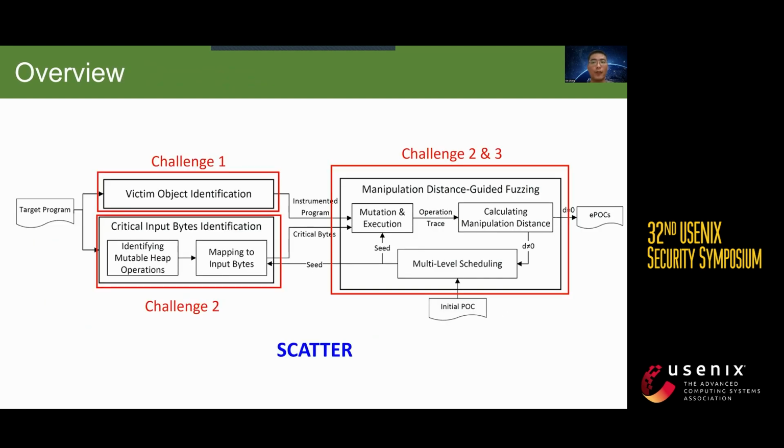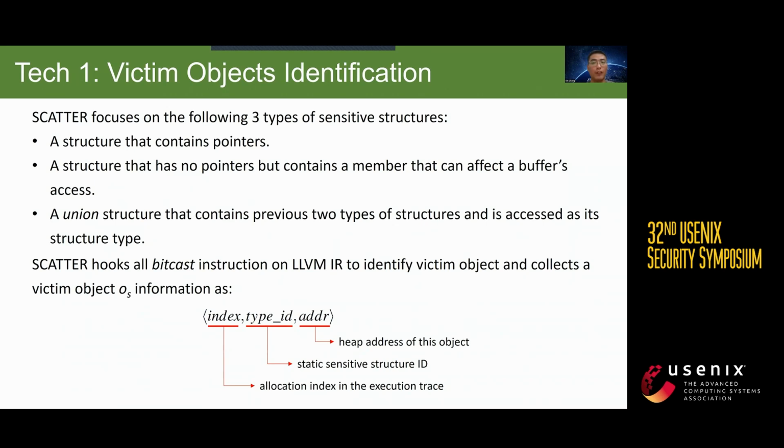In order to deal with these three challenges, we propose Scatter, and its high-level framework is shown in this picture. Victim object identification identifies potential victim objects from source code that can be used for corruption through static analysis, and inserts extra instrumentation code to obtain victim objects at runtime.